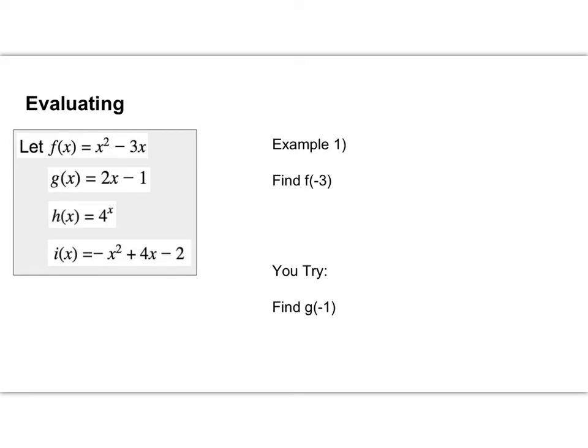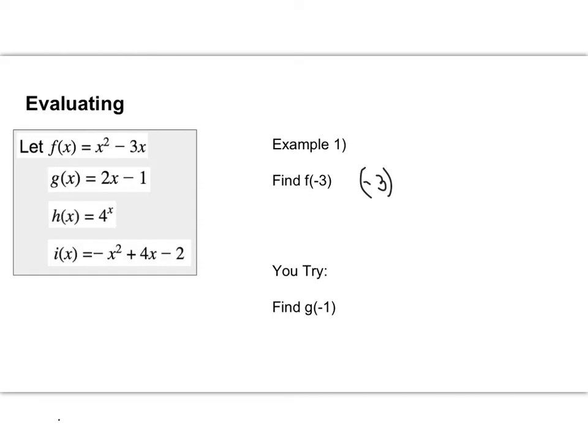So we can evaluate functions. We do all the time, actually. I have 4 functions here. I have f of x, g of x, h of x, and i of x. So for my first example, I want to find f of negative 3. Well, into my f function, I plug in a negative 3. f of x is x squared minus 3x.